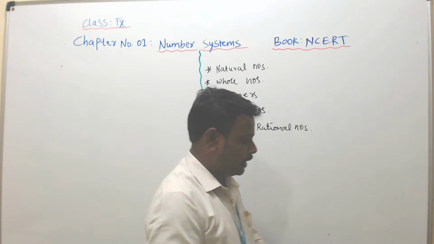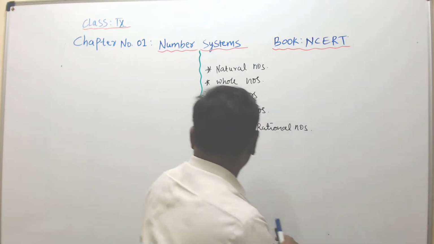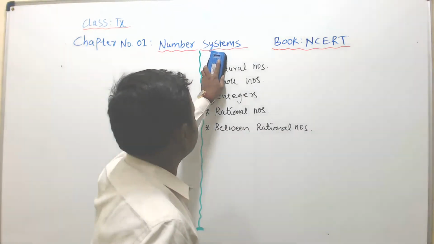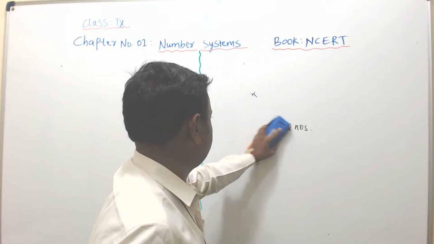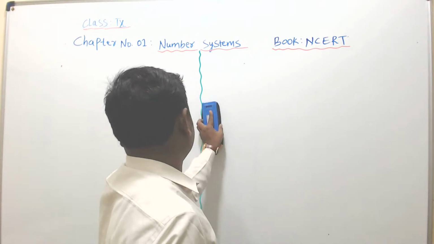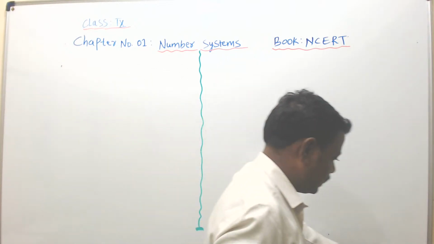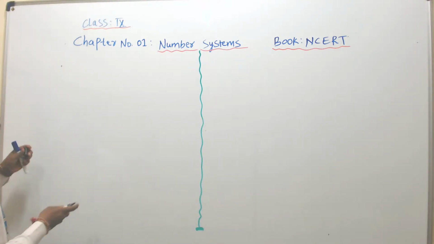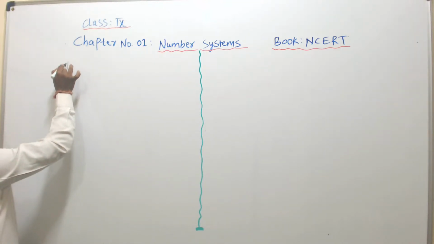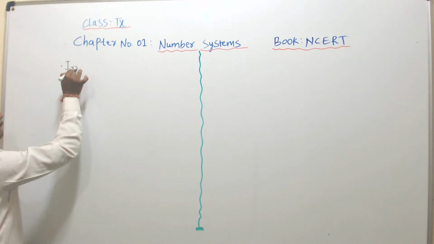We will move to the next point, that is irrational numbers. So what is meant by irrational number? That is the most important. Now I will write it here, irrational number definition.